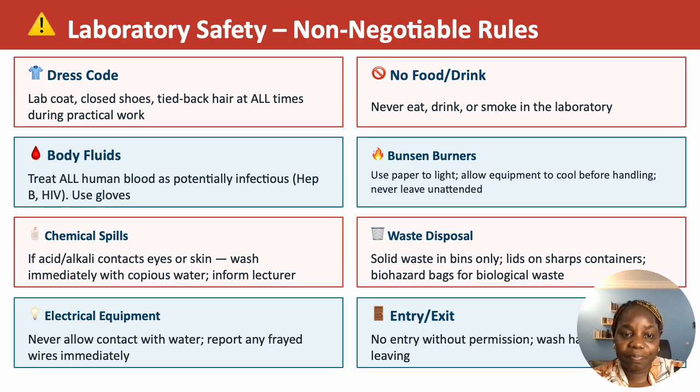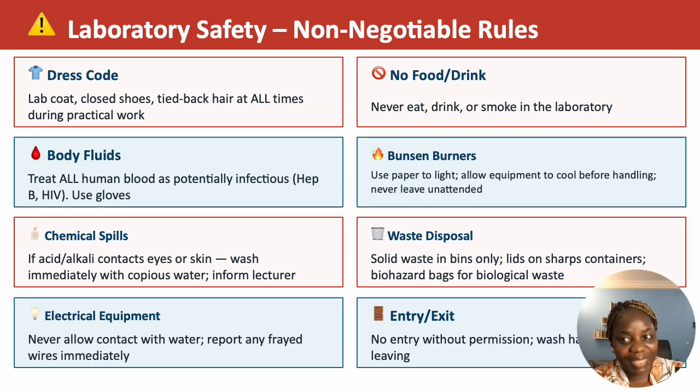For chemicals, if acid spills and contacts your eyes or skin, wash immediately with a good amount of water, and inform the lecturer in the lab. Electrical equipment: never allow contact with water. Pay attention to that. It should not be in contact with water when we are doing the experiment.